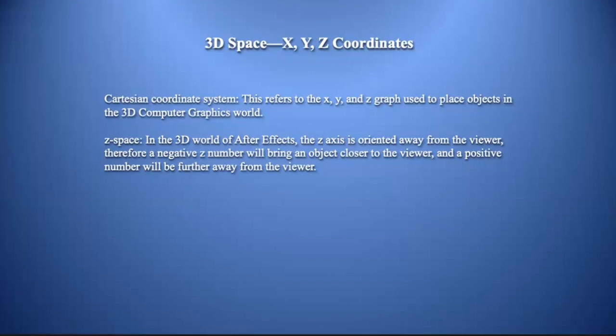The Cartesian coordinate system refers to the X, Y, and Z graph used to place objects in the 3D computer graphics world. In the 3D world of After Effects, the Z-axis is oriented away from the viewer. Therefore, a negative Z number will bring an object closer to the viewer, and a positive number will make it further away from the viewer.